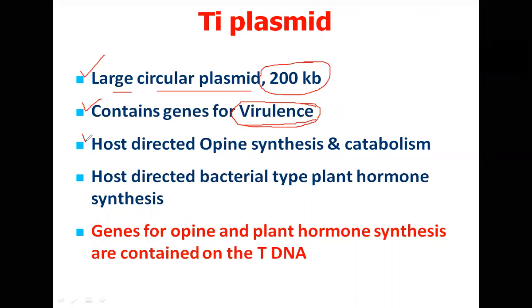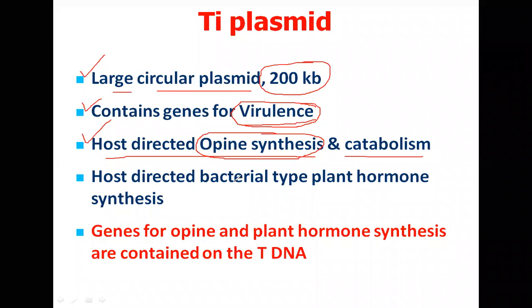Besides genes for virulence, it also contains genes for host-directed opine synthesis and catabolism. Opines are a group of amino acids. Host-directed: the genes are there in the bacterium, but these genes are expressed only in the plant cell.